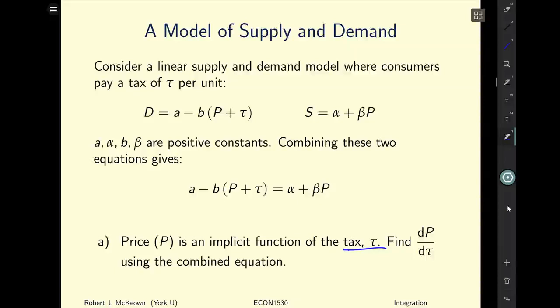So if we change the tax, we're going to change the equilibrium price. Now let's answer question A. Price is an implicit function of the tax, tau. So let's see how this equation here changes.